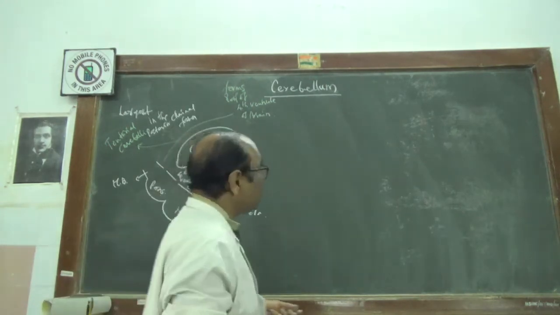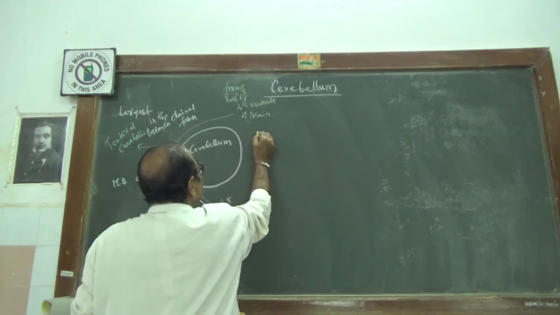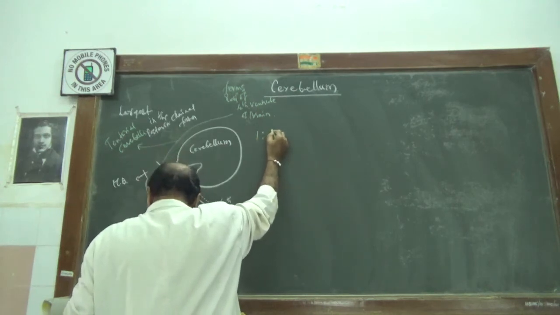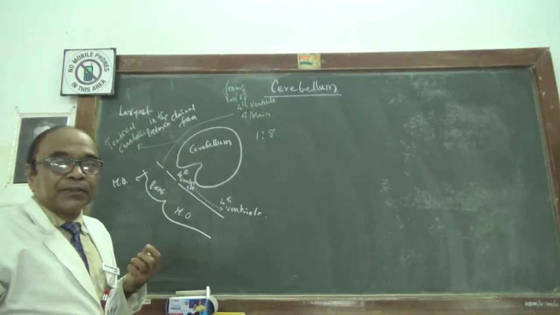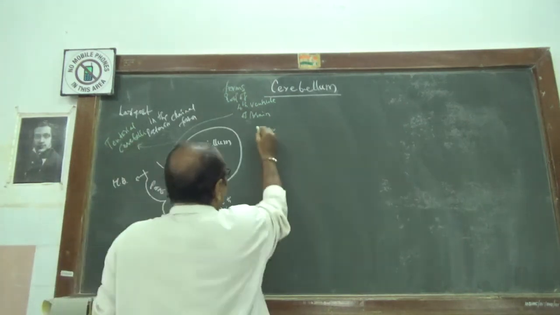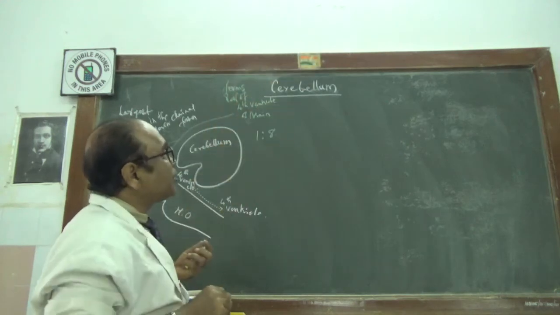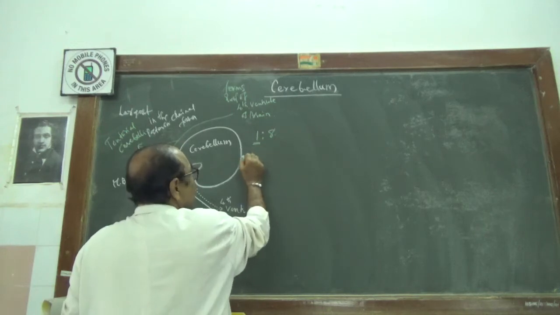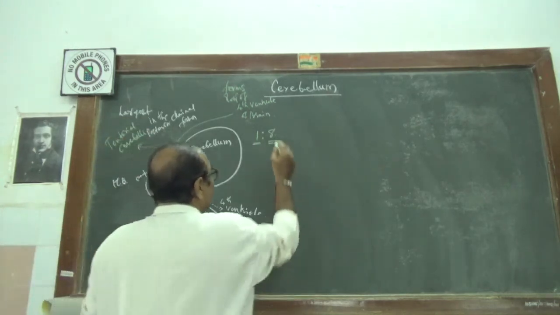If you compare with the cerebrum, this cerebellum is 1:8. If the cerebellum is 1, cerebrum is 8 times bigger in an adult.